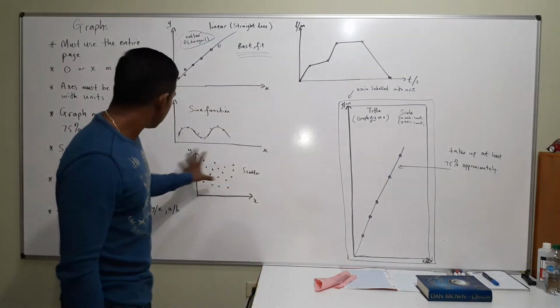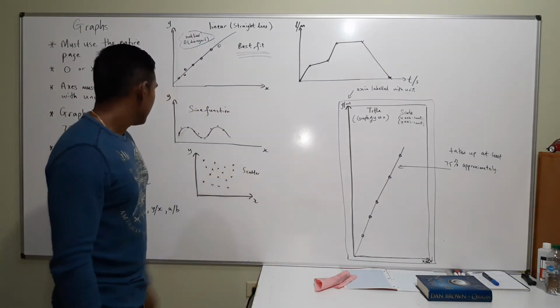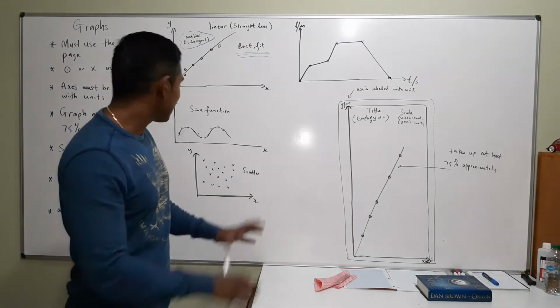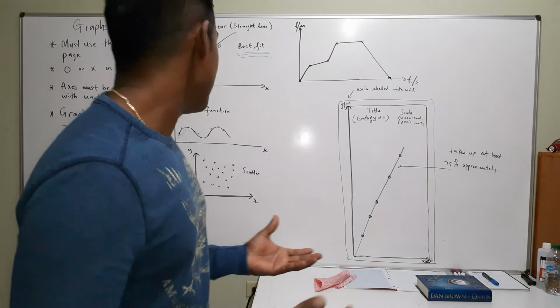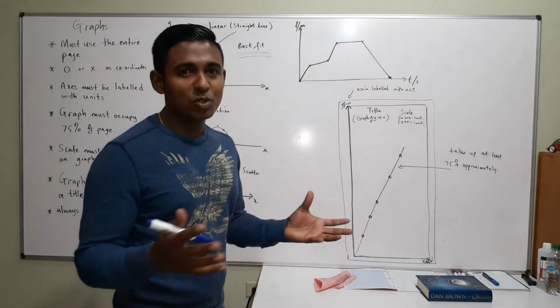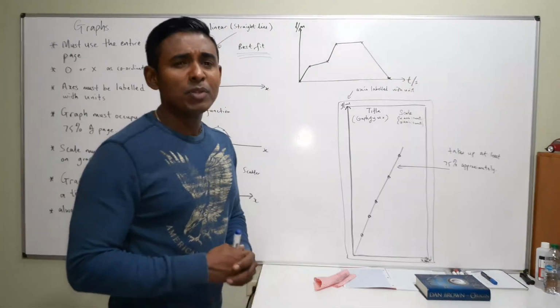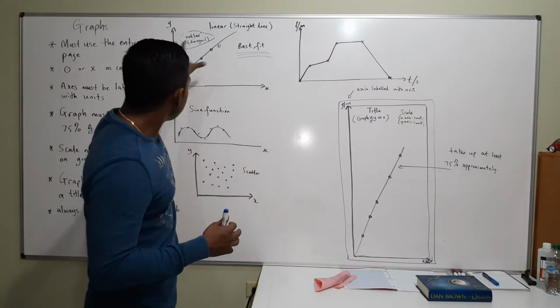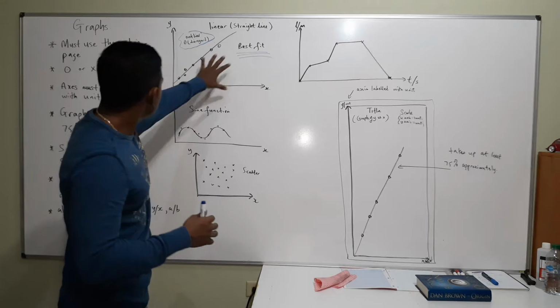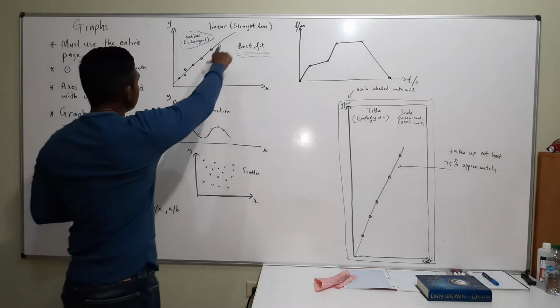And then this one here, there's no obvious trend. It's just a scatter of points. Of course, mathematicians may disagree with me and say there is some sort of function that could fit that, but we're not here to discuss that, right? So from the data that we have, we can observe the trends.